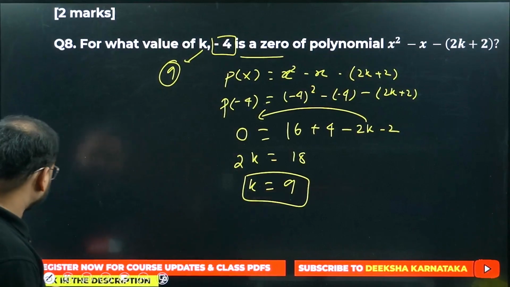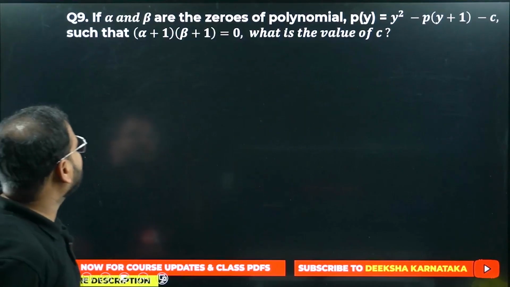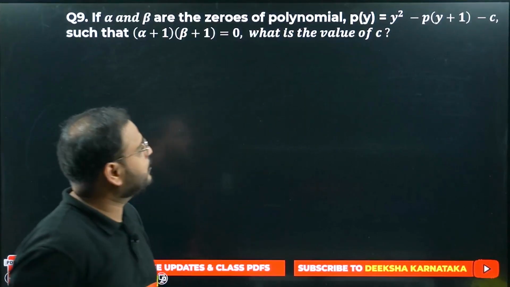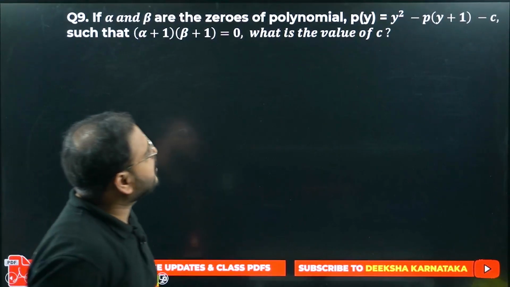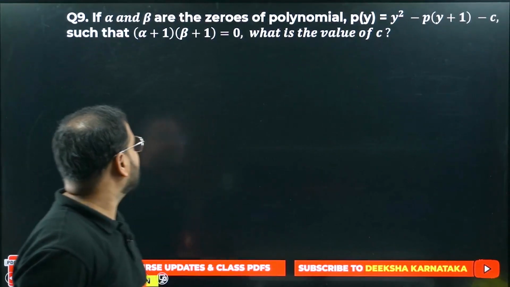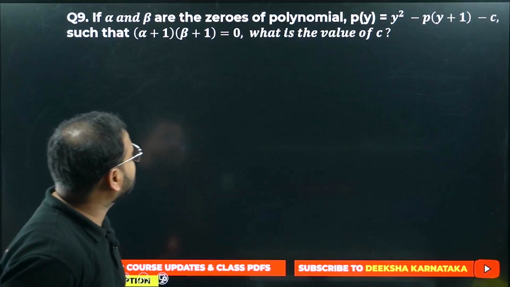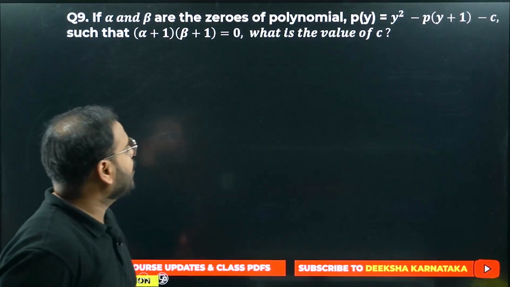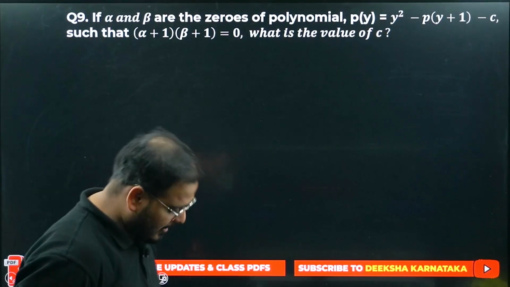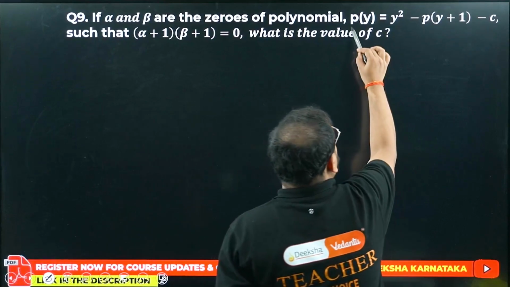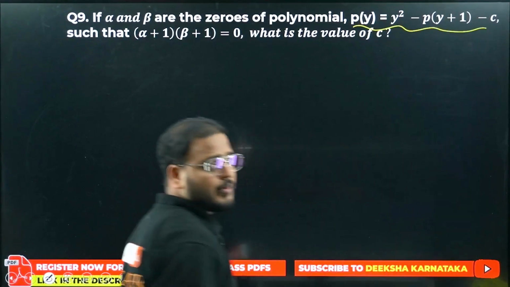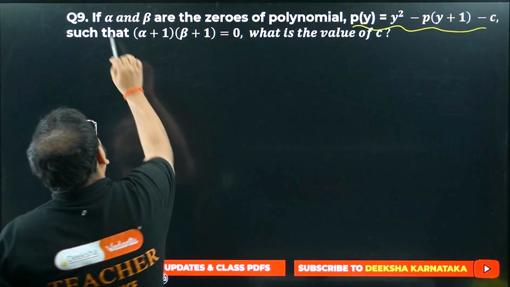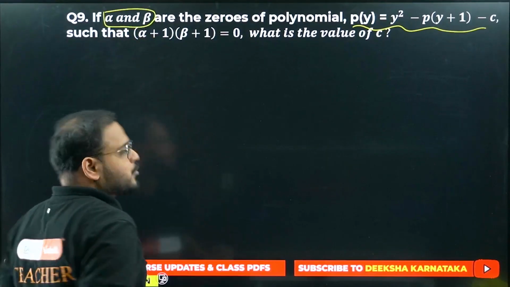Moving on to question number 9. If alpha and beta are the zeros of the polynomial p(y) = y² − py + 1 − c, such that (alpha + 1)(beta + 1) = 0, what is the value of c? So they have given this as your polynomial in variable y, and they are saying that alpha and beta are the zeros of that polynomial.